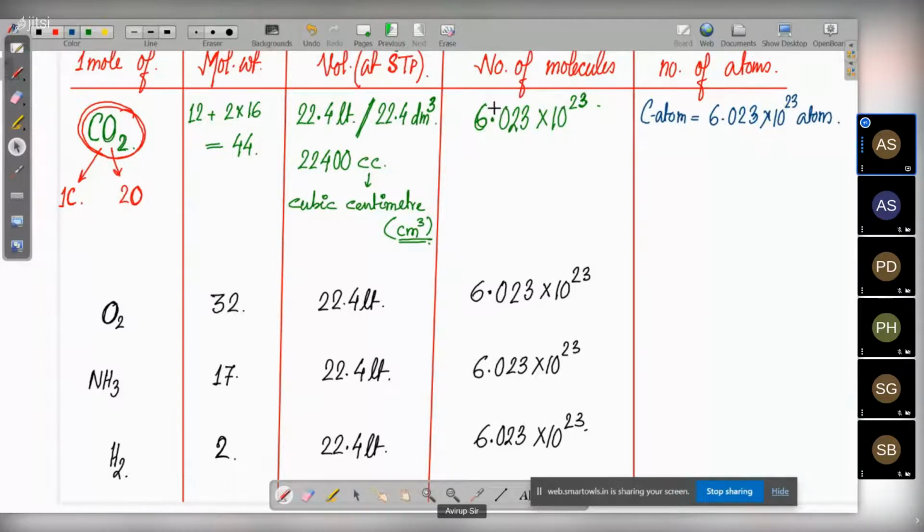Thus, in Avogadro molecules, you have 2 into Avogadro number, just like the basic unitary method. So the oxygen atoms are 2 into Avogadro number. So this many oxygen atoms are there.